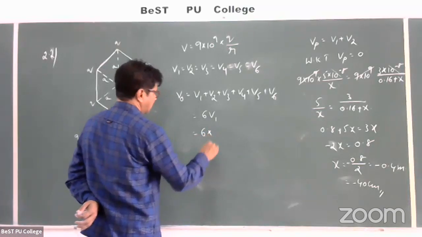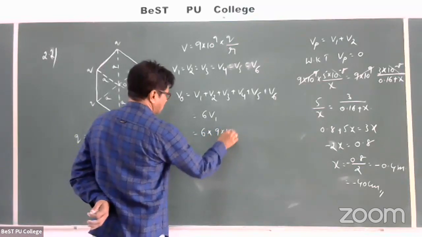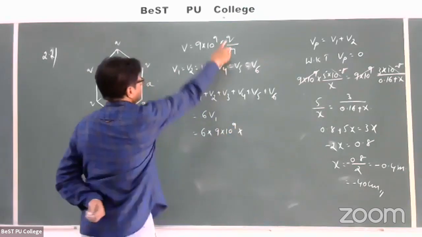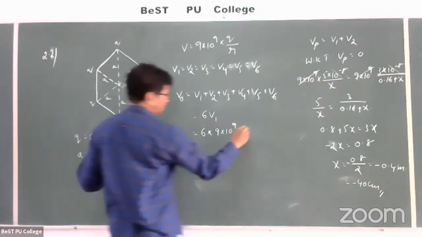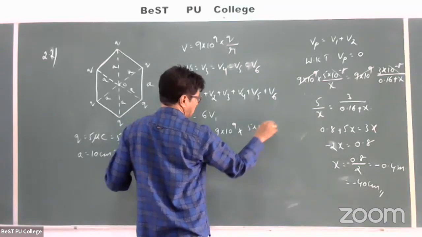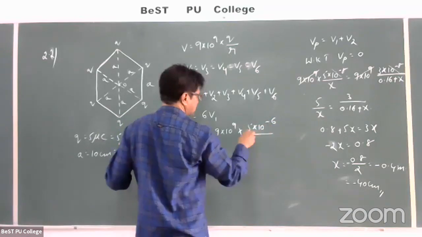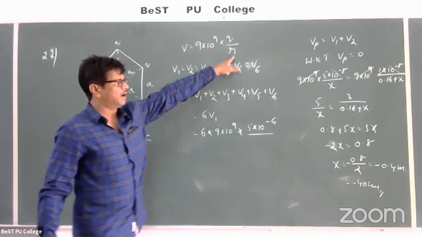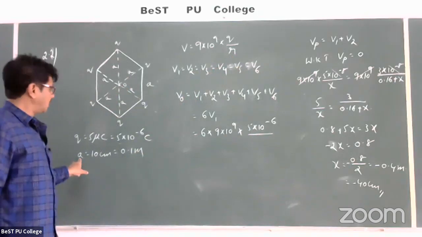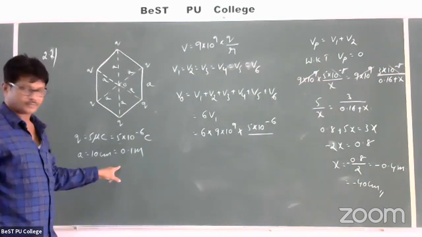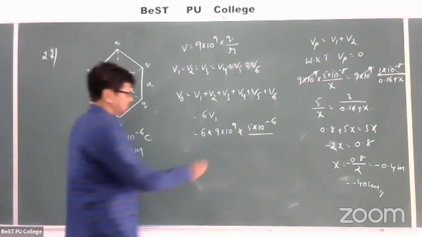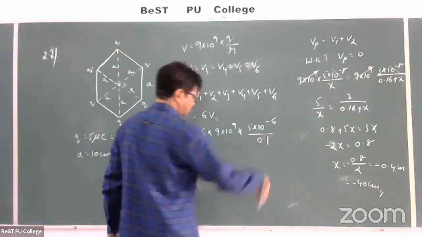6 V1 value: 9 into 10 to the power of 9, Q value is 5 microcoulomb, 5 into 10 to the power of minus 6, divided by R value. R value is equal to A here, where A is equal to 0.1.